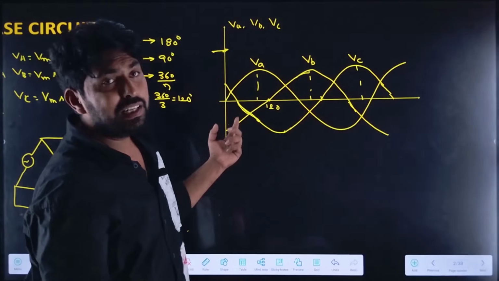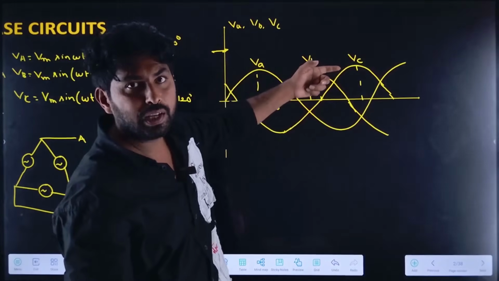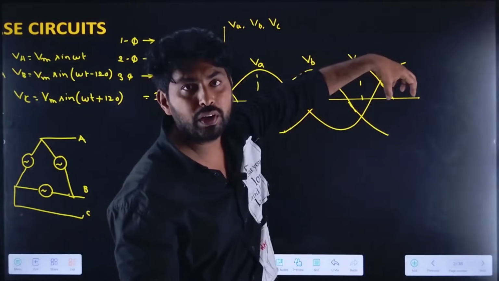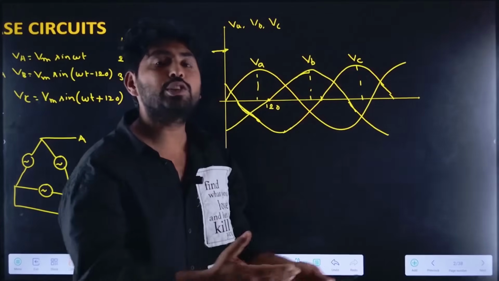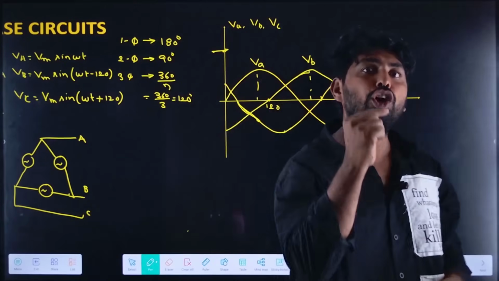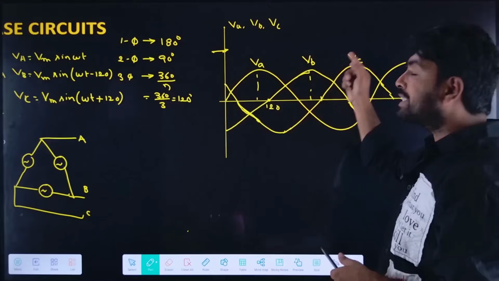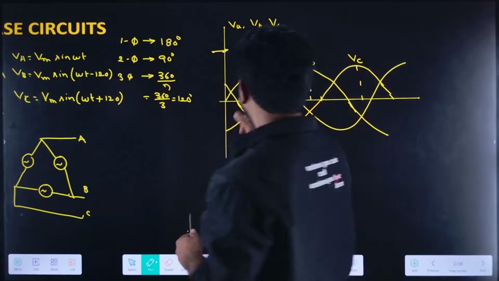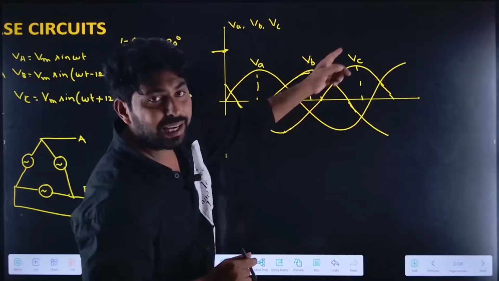So what does it mean? The order in which the maximum instances of the phase voltages occur is called the phase sequence. The first will be A, then B, and then C.